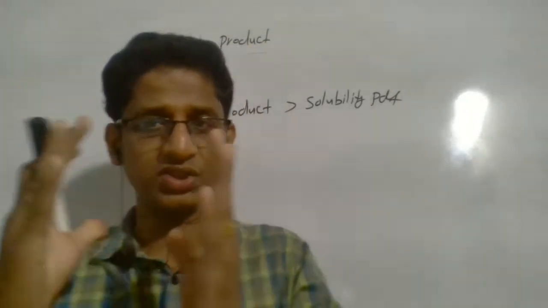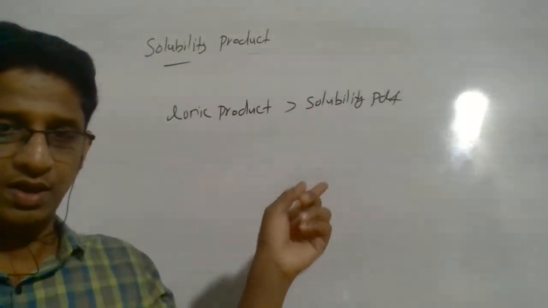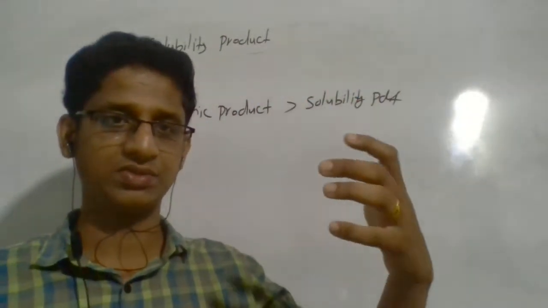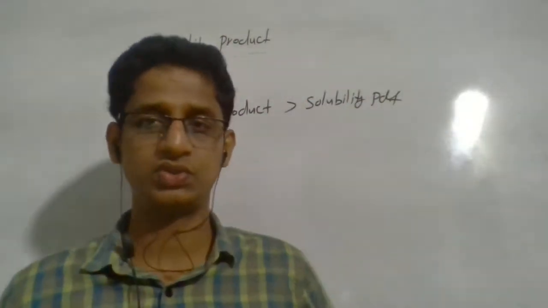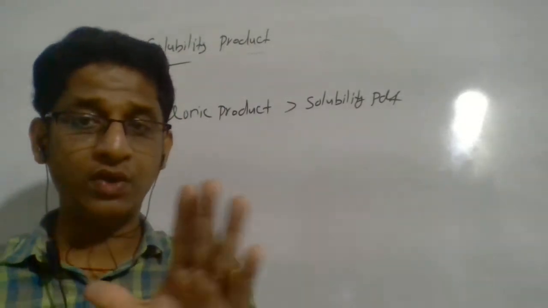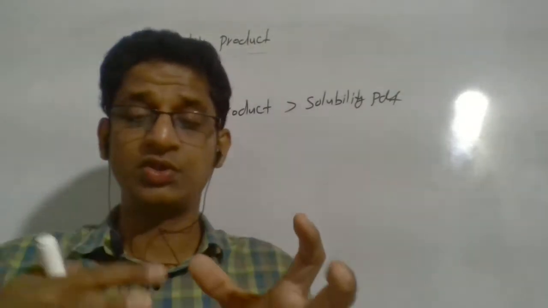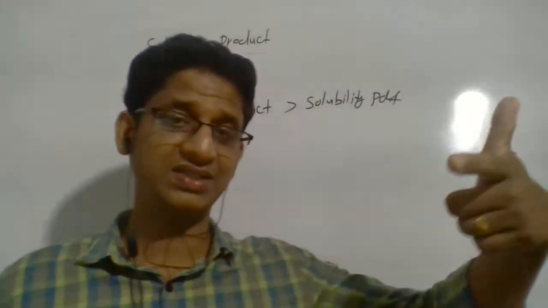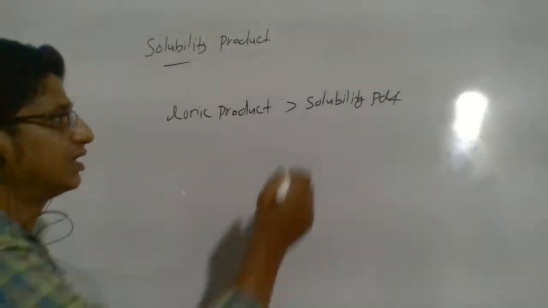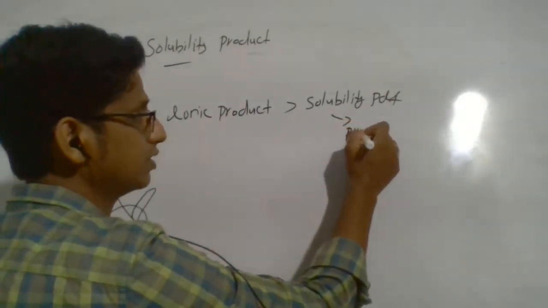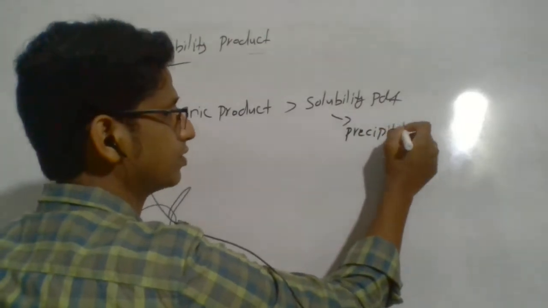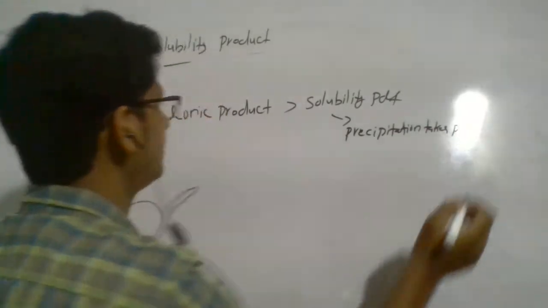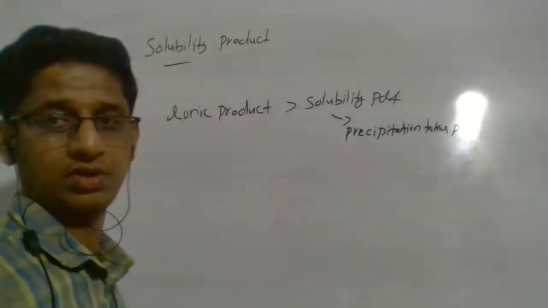When the concentration of ions is greater than the solubility product, it means it has just passed the saturated solution point. So more ions are present now, and the ions can no longer dissolve in that solvent, so it exceeds the solubility product condition. That is the condition where you can see precipitation occur. When an ionic product exceeds solubility product, precipitation occurs.